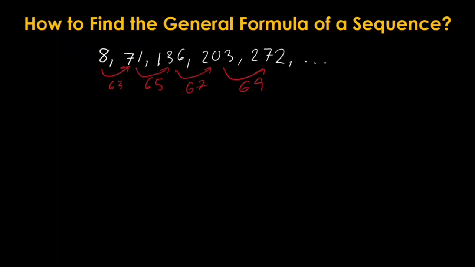Alright, now if we get the general formula, we copy the first term, which is 8, then we add the consecutive sum of the odd numbers, and then we subtract the previous terms, or differences, that we're going to take away from here.